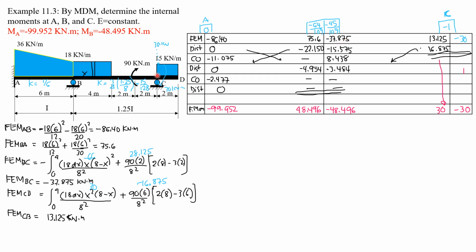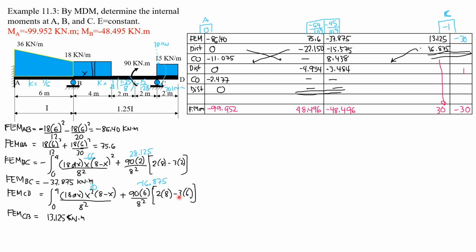And finally for CB, we have positive 18 dx, we just make it x squared this time, (8 minus x) over 8 squared, same limit, 0 to 4. Then for the couple, Ma over L squared, quantity 2L minus 3a, where a is 6, the distance of the couple from B. So 90 times 6 over 8 squared, 2 times 8 minus 3 times 6.